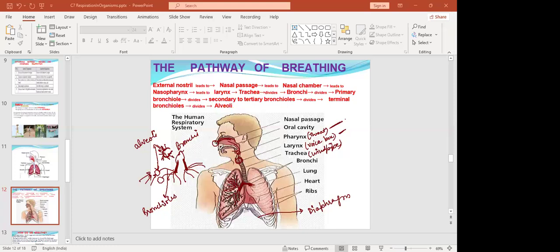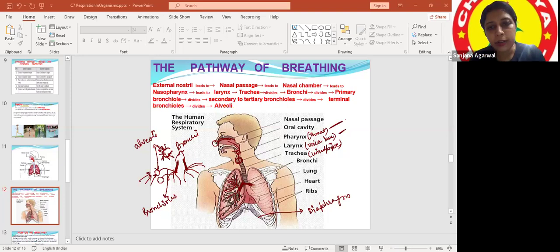Ma'am, can you repeat alveoli? The alveoli are the part where the lungs and blood exchange oxygen and carbon dioxide during the process of breathing in and breathing out.